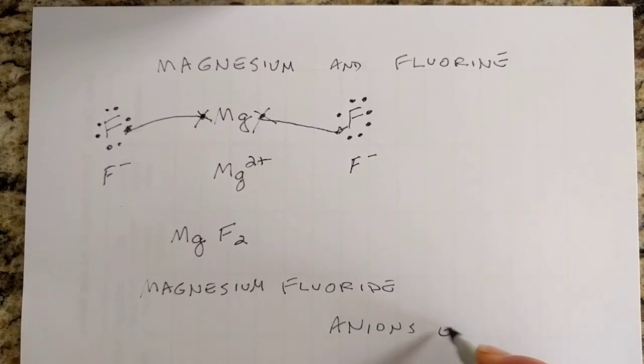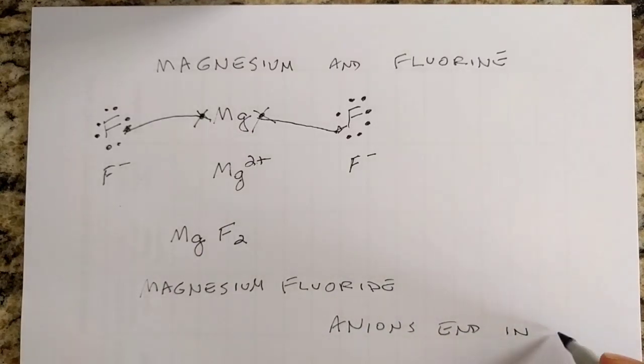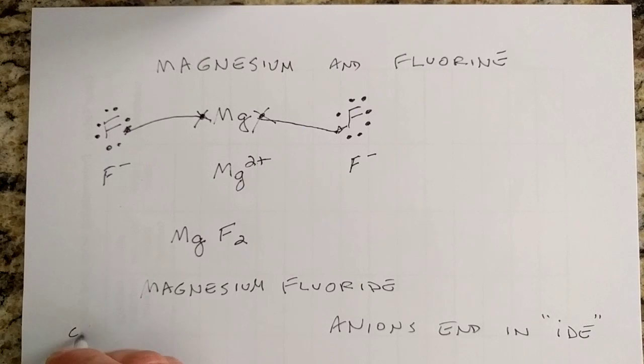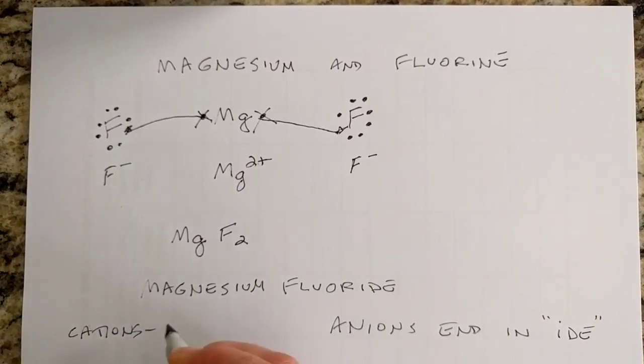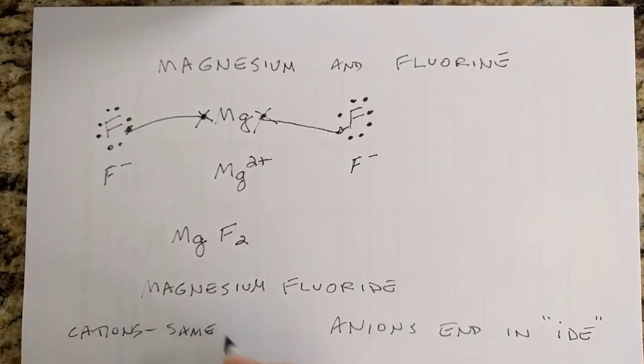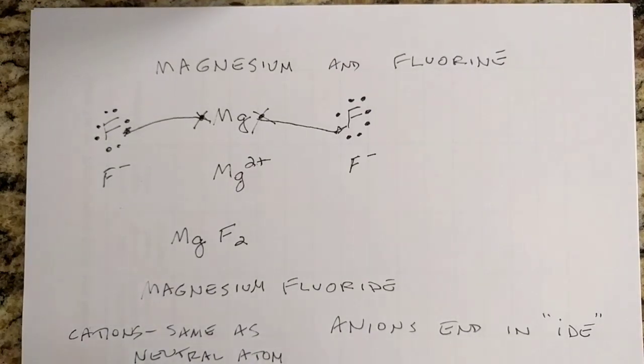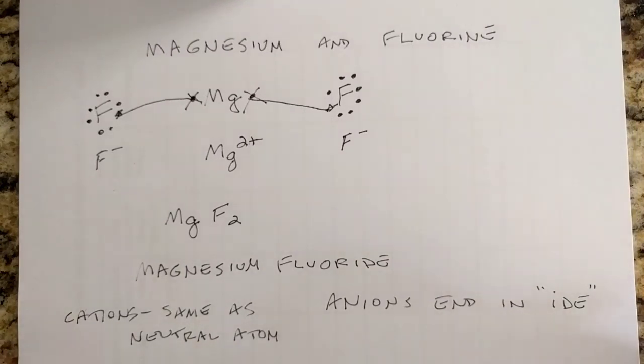Cations have the same name as the neutral atom. That's kind of unfortunate, because if someone says sodium, you don't know if they're talking about the sodium ion or the neutral sodium atom. All right, so that's it: our electron transfer, our formula, and our name.